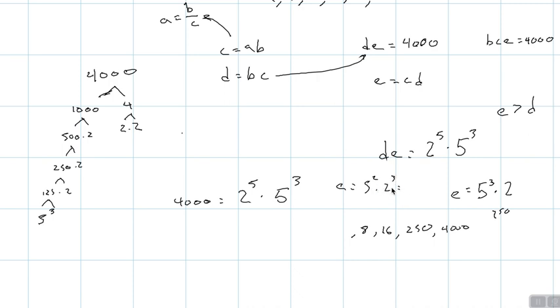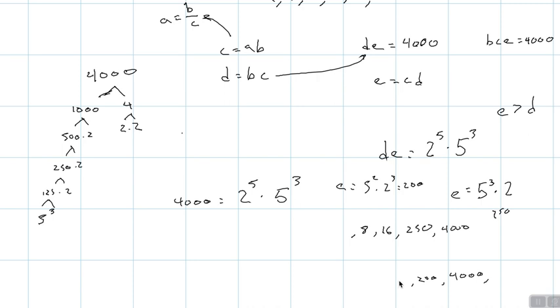So that's 25 times 8, which is 200. 200 times what gives 4,000? 200 times 20.